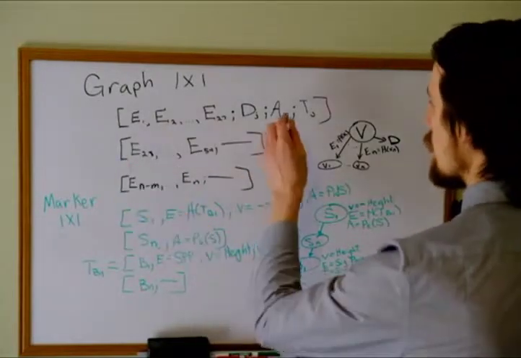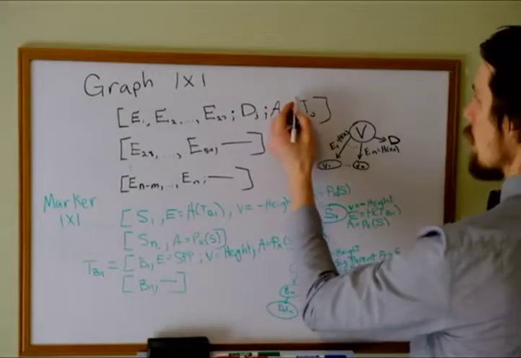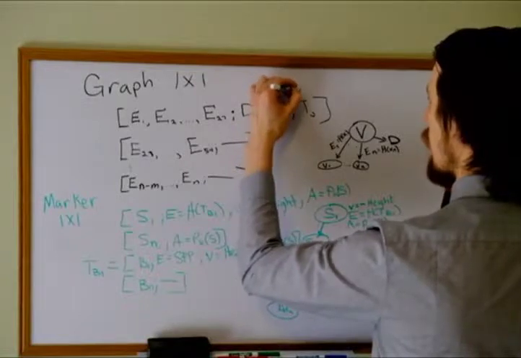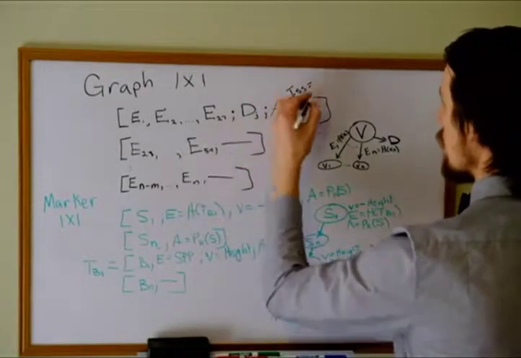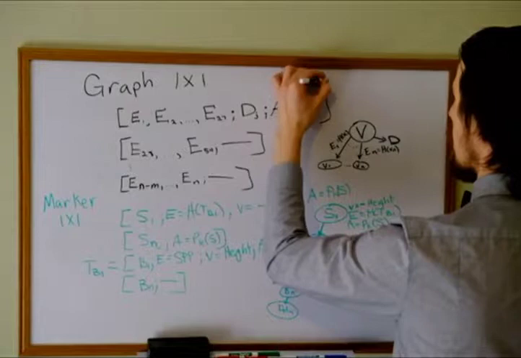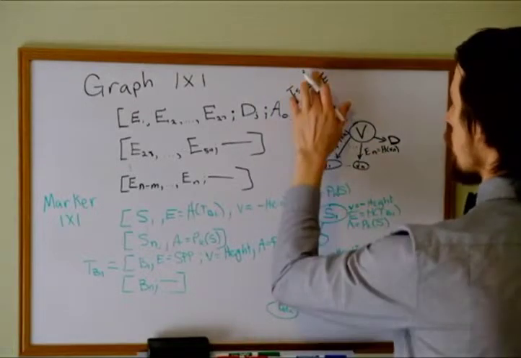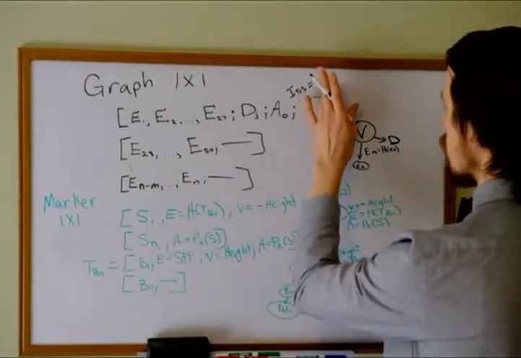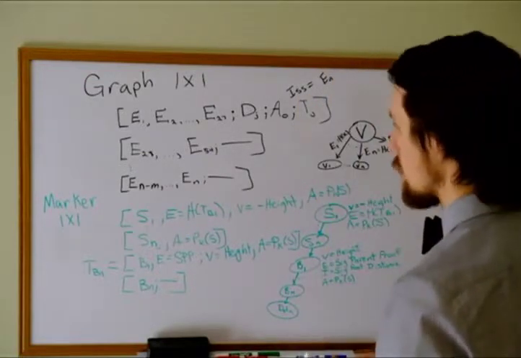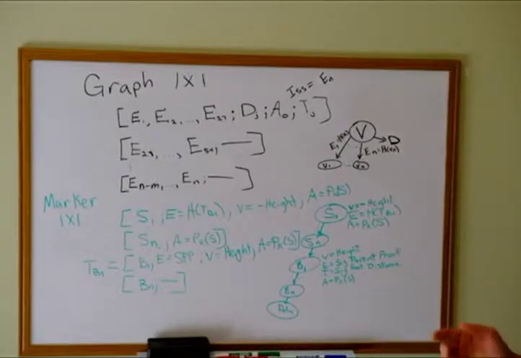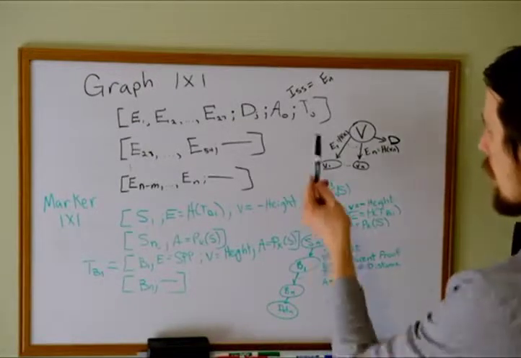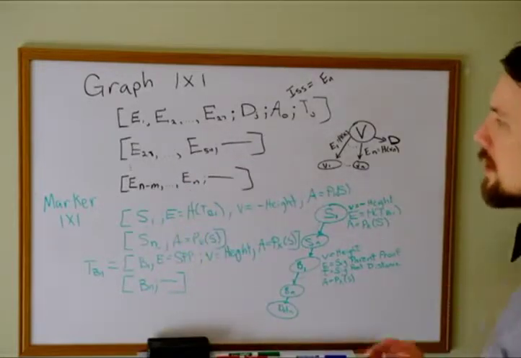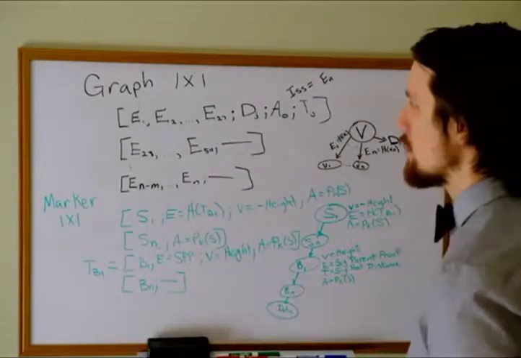For example, you could even have the issuance portion of this equal to the number of edges, or rather E sub n, the number of edges. If you have that, then you could already know ahead of time how many transactions it's going to be before you find your last edge.